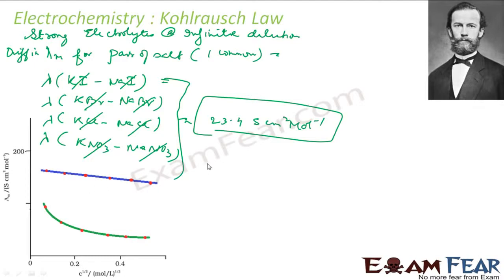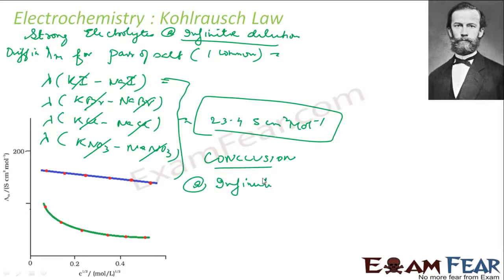Please note, the conclusion he gave from this experiment was that everything is happening at infinite dilution, because at infinite dilution you can at least find the molar conductivity of a strong electrolyte, but for a weak electrolyte you can't find, right? Because they hardly dissociate.